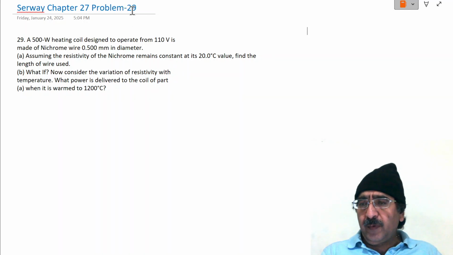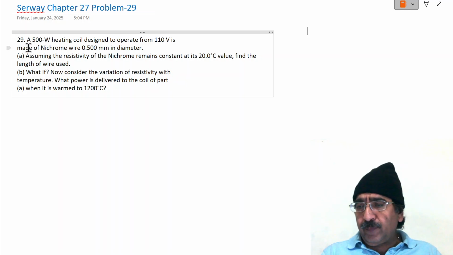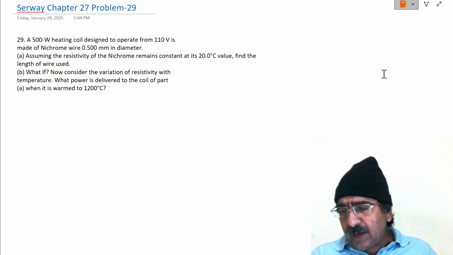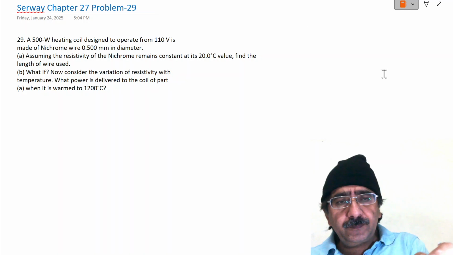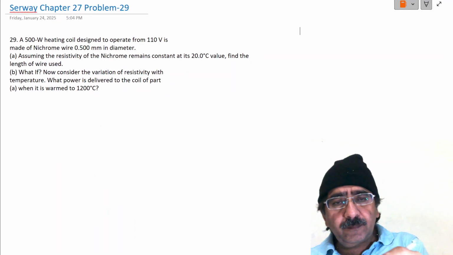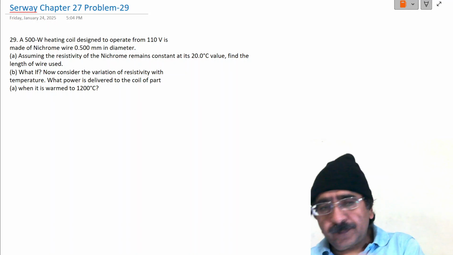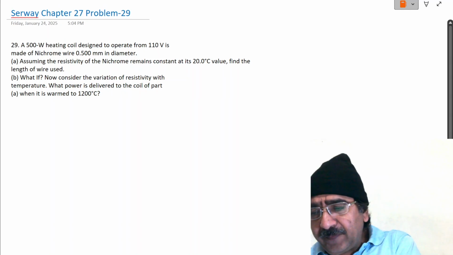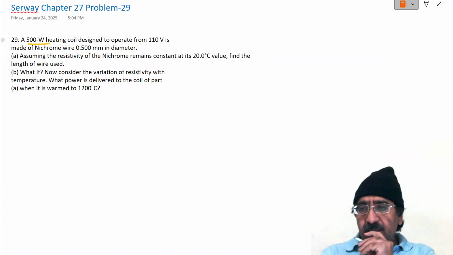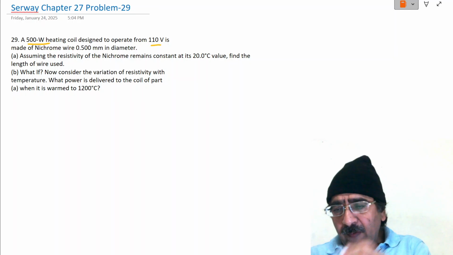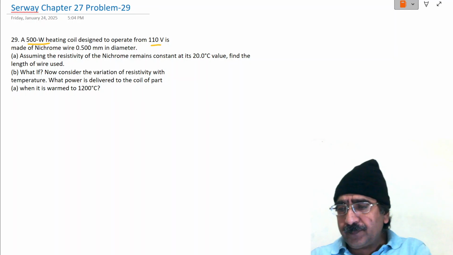Now we will solve problem number 29 from the chapter 27 survey book. A 500 watt heating coil designed to operate at 110 volt.